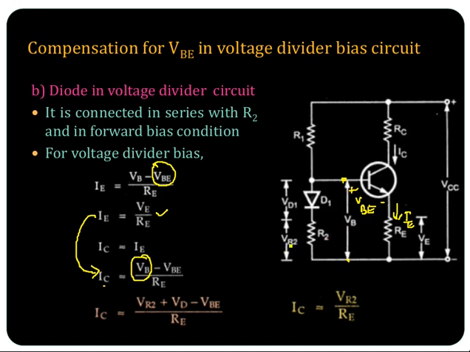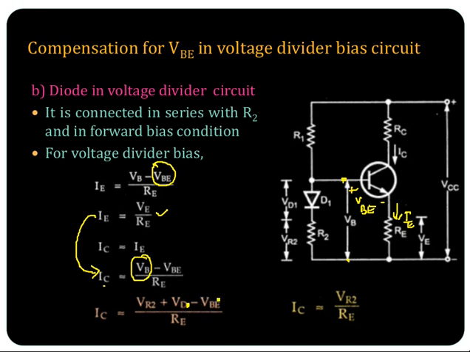Now what is this VB? From this you can see VB equal to the voltage across this resistance plus the voltage across this diode D1. So this is equal to VR2 plus VD1, as it is marked here, minus VBE by RE. If you have chosen a diode of the same material and type as the transistor, obviously the change in VD1 with respect to temperature will be the same as the change in VBE with respect to temperature.